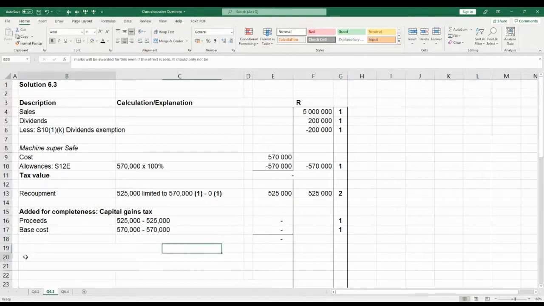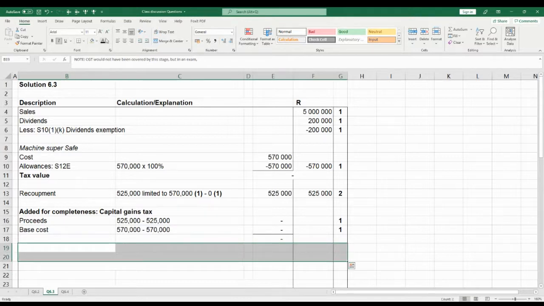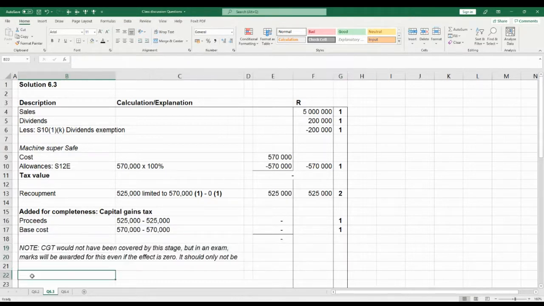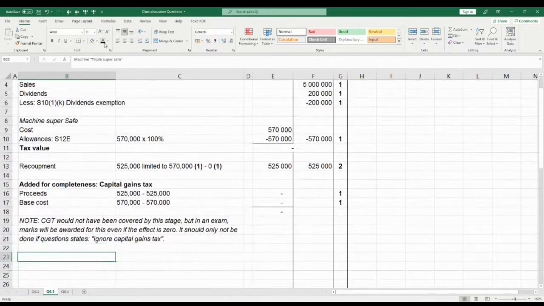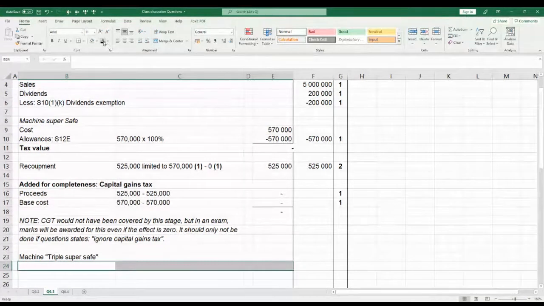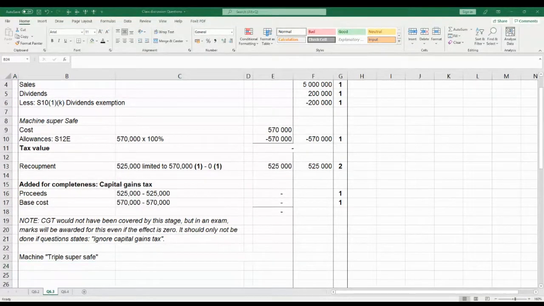But then we said we now replace that amount with a new machine, which was the triple super safe machine. Now the original cost for that was the 1.2 million plus the 120,000 plus the 50,000.